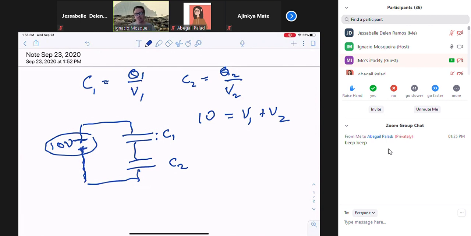But really, in the end, you will find out that there are other rules, so you don't have to think whether something is in parallel or in series. The parallel and series thing does help a little bit, makes things go faster sometimes, but you don't really have to do that. You might want to do that just to go faster in the exam, sure. But there are other ways to solve circuits.